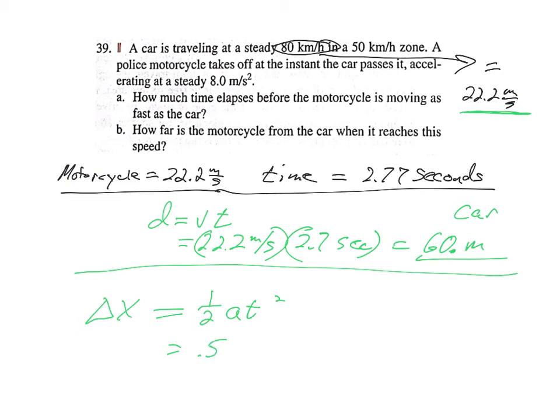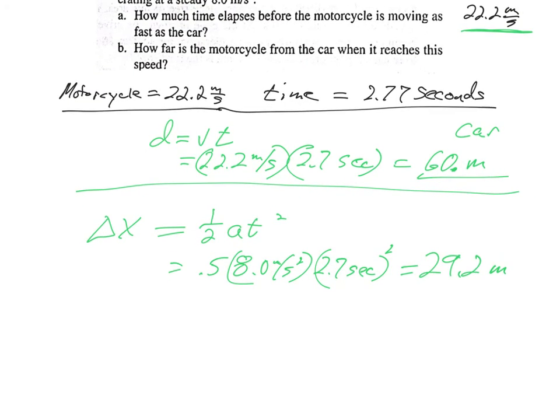So 0.5, the acceleration was 8 meters per second squared. And in this 2.7 seconds, how far did he go? We've got to square that. 2.7 squared times 8 times 0.5. He went 29.16. I'll go 29.2 meters.